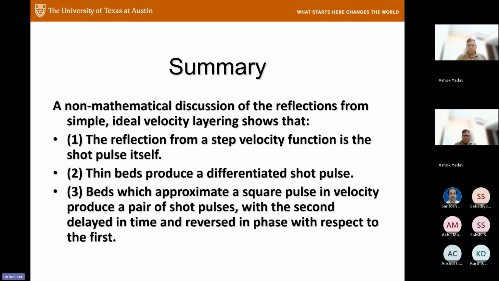Okay, so this is a summary, a non-mathematical discussion that we had of the reflections from simple ideal velocity layering that shows that the reflection from a step velocity function is the short pulse itself. Thin beds produce a differentiated short pulse, and beds which approximate a square pulse in velocity produce a pair of short pulses with a second delayed in time.